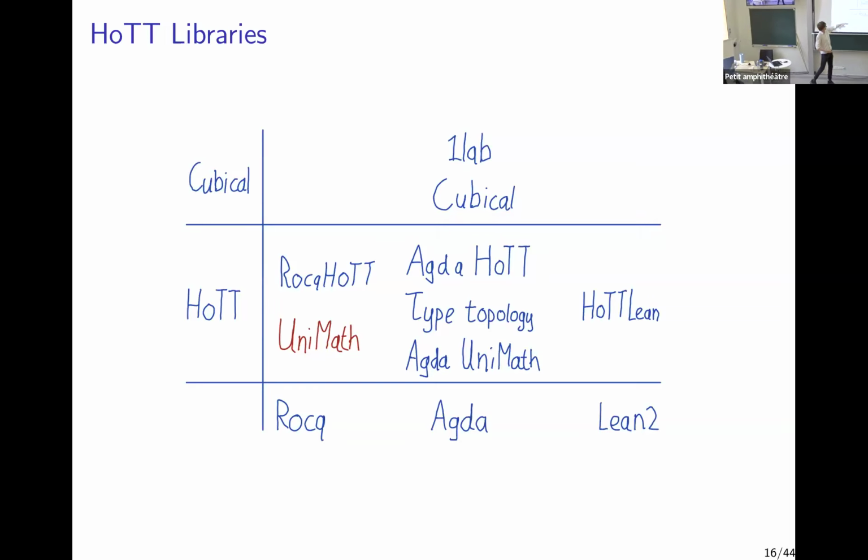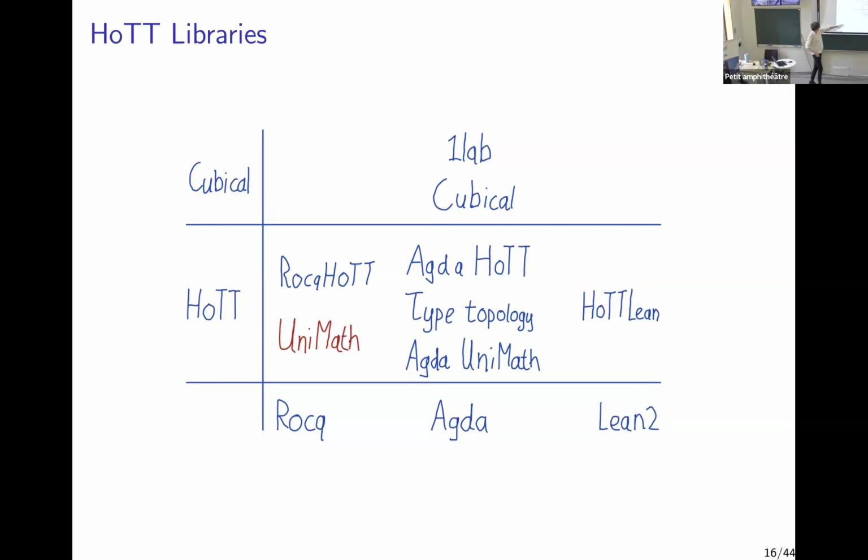So as you can see, there are many options. First of all, there's a distinction between the HoTT and the cubical world. So people doing plain homotopy type theory and people doing cubical type theory. I won't be talking about cubical type theory at all during this talk. I just want to highlight their existence.